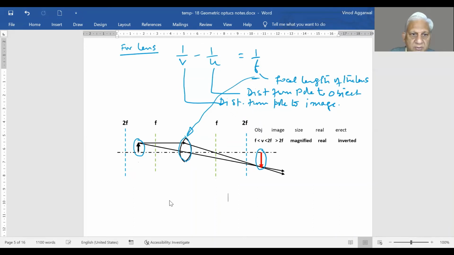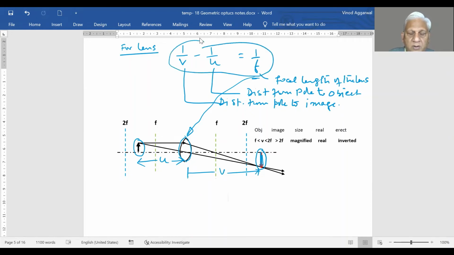This is our object. So this distance will be u. This is our image formed, this one. So this will be v. And this formula will be applicable. Now we have to be very careful that we cannot use it simply v is v, u is u. We have to use sign convention.